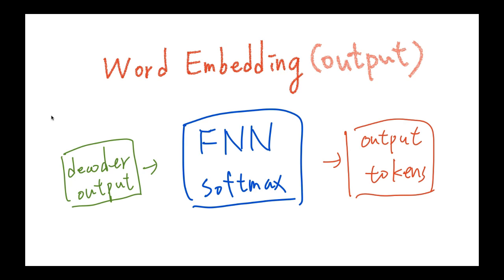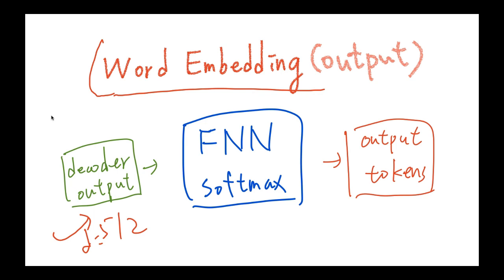Okay, so there is also another use case, which is in the final output. The decoder output is actually a 512 dimensional vector. Then you put this vector into the feedforward layer, and it does the opposite. It converts your numerical vector to a one-hot encoding, so that you can know what your output actually is.